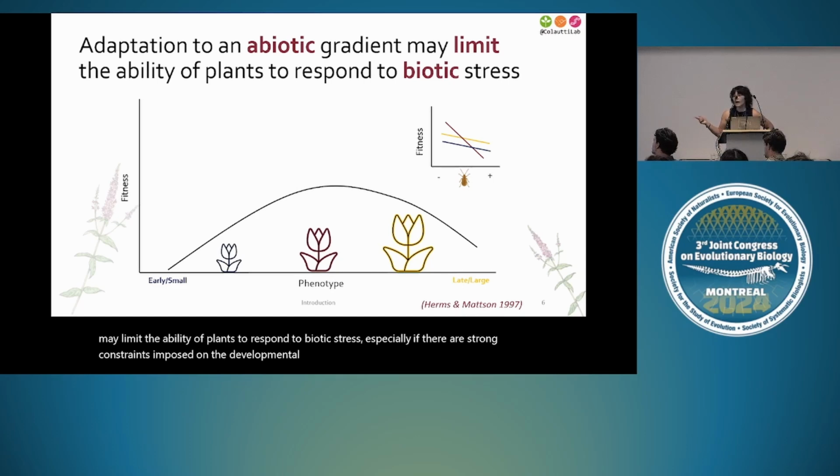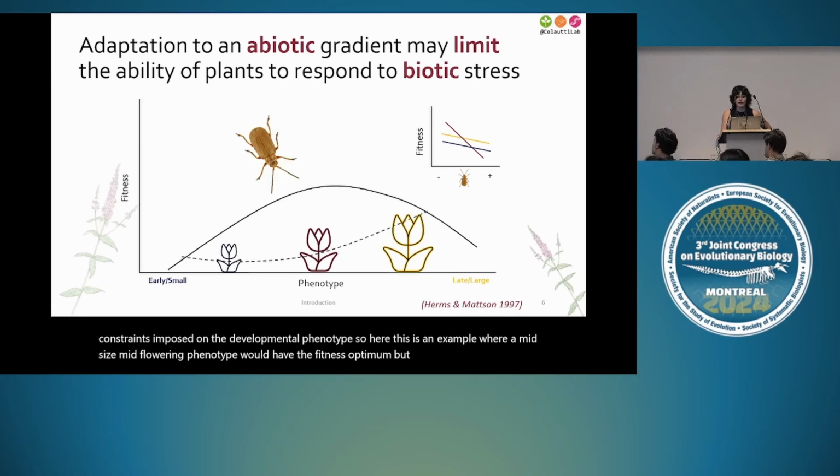So here is an example where a mid-size, mid-flowering phenotype would have the fitness optimum, but if mid-season herbivory or late-season seed predation select for later or earlier flowering plants, respectively, this may change the shape of the fitness function.